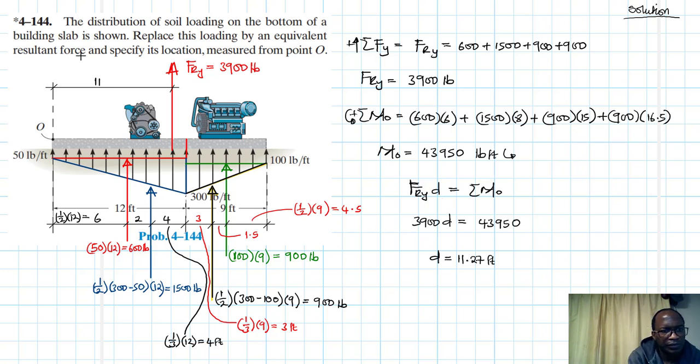Okay, so this is the value of D that we found. So this value of D is equal to 11.27 feet.